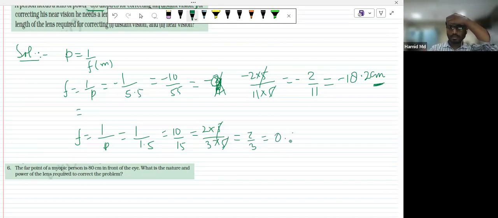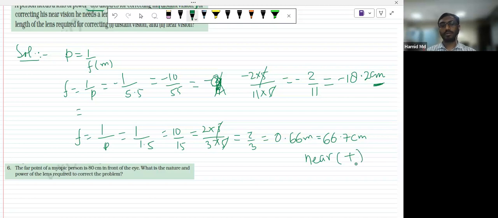0.66 meters. What about in centimeter? 66.7 centimeters. So for near vision, we use a convex lens, and the power will be positive, right?